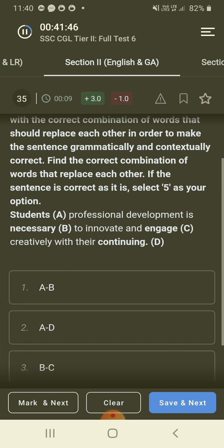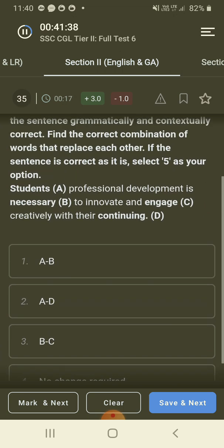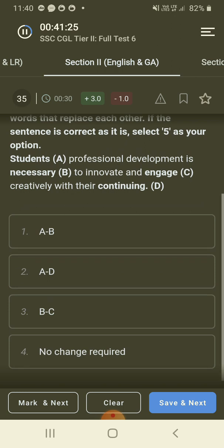Find the correct combination of words that replace each other. To innovate and engage creativity with their continuing.